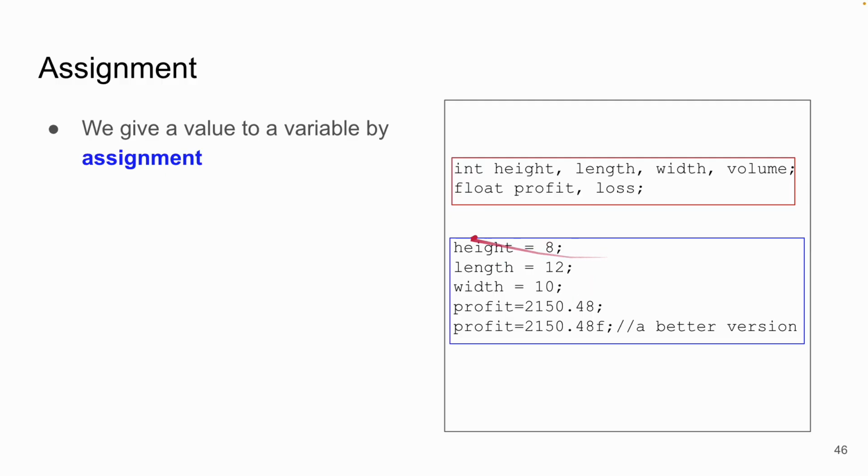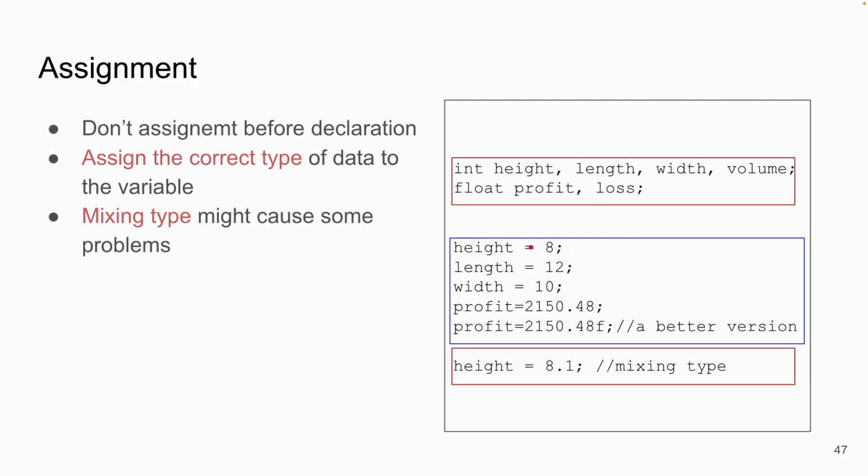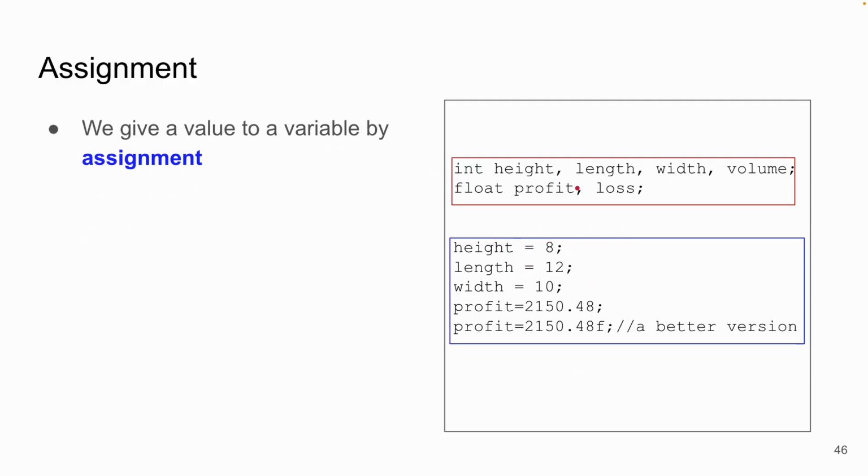This is the line in the blue box here. You can see we have the equal symbol here, and then we put the value we want to store in the variable at the right, and the name of the variable at the left. So we can store the data like this. And since profit is a float variable, we can store a floating point value like this.